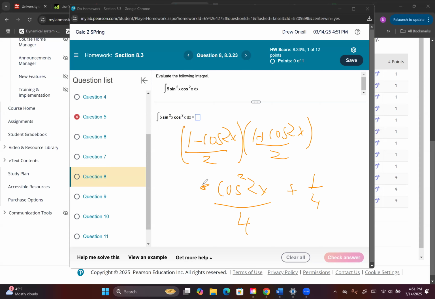And then let's see, what can we do there? Well, if you look carefully, you see that this is 1/4 times 1 minus cos 2x squared. And you can break this down.